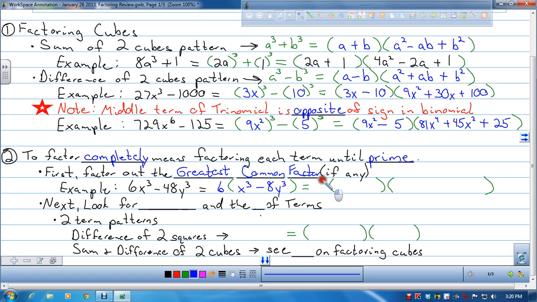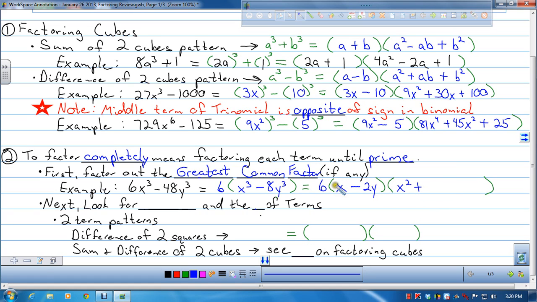So if I were going to completely factor it, well, what did I cube here? I cubed an x, and it's the difference, so that remains the same. What did I cube here? A 2y. Now I would square that term, and that's going to be positive.